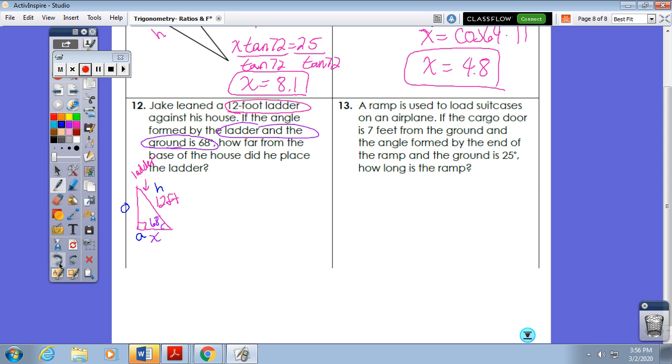Goodness sakes, it's the CAH part. So cosine of 68 degrees is equal to adjacent over hypotenuse, which is x over 12, and you're going to solve that as we have been. So cross multiply, x equals cosine of 68 times 12. Make sure this ends up in parentheses in your calculator. So x equals 4.5 feet.